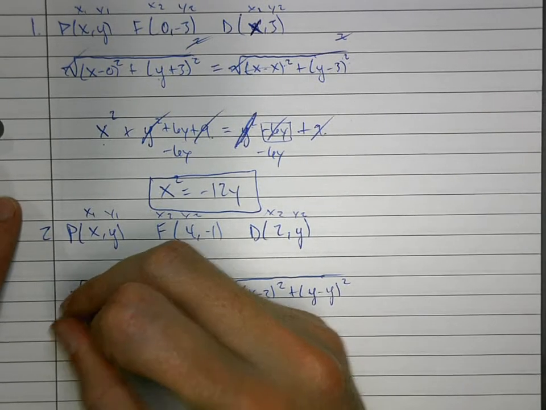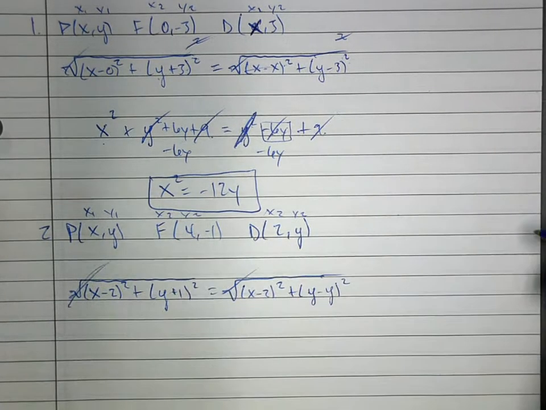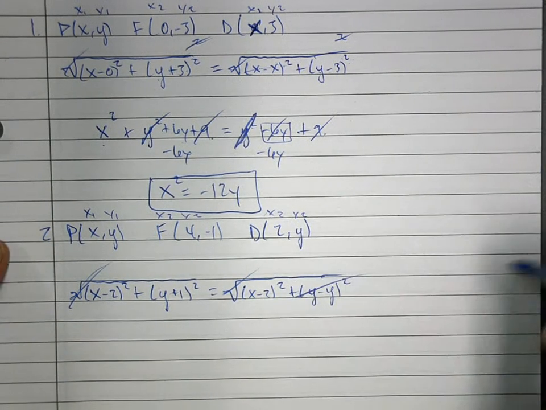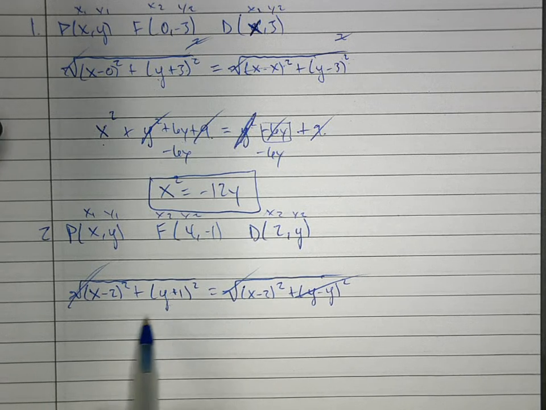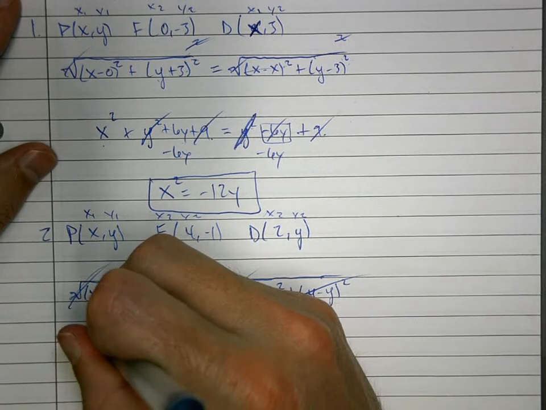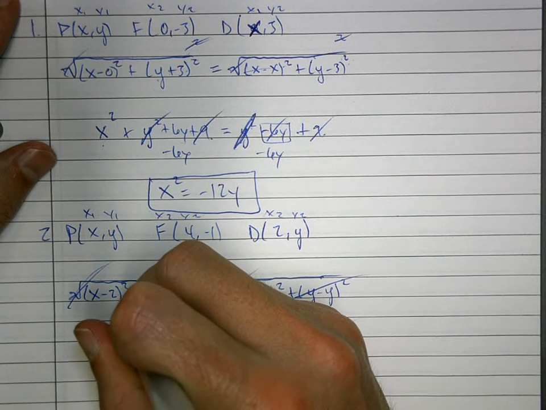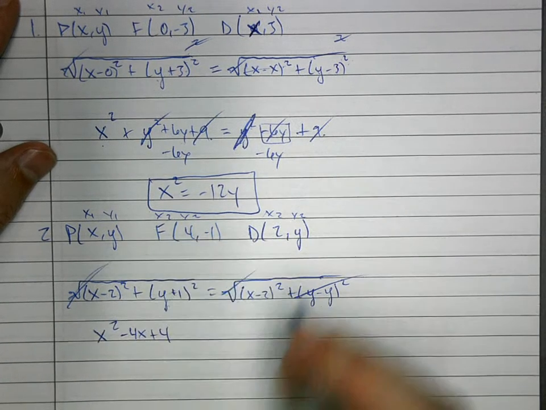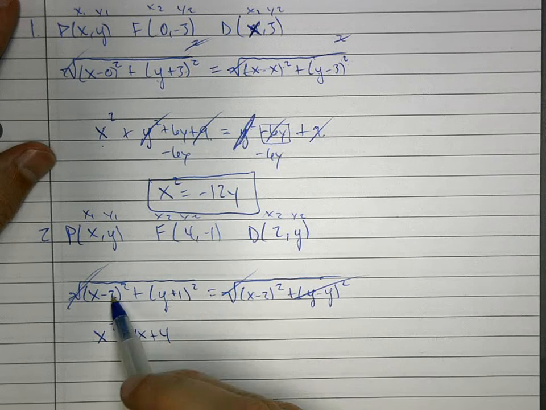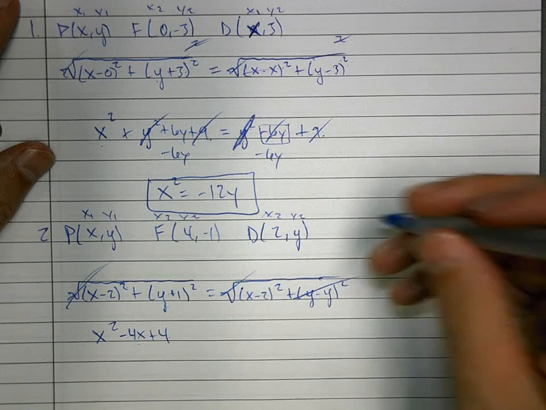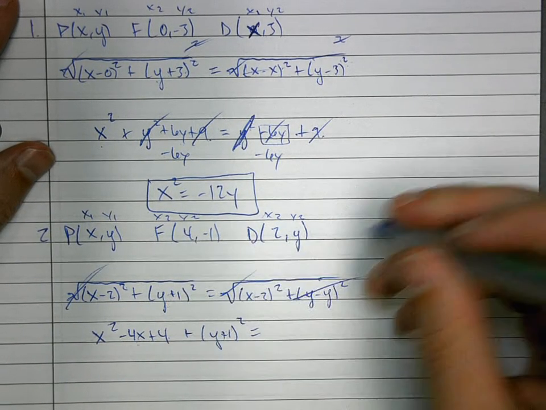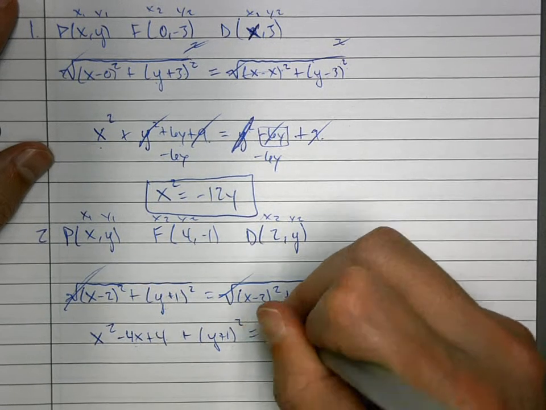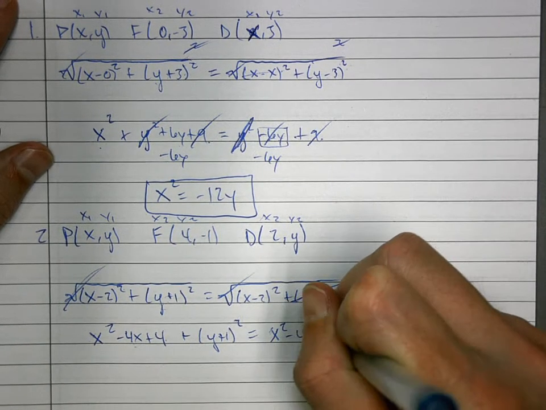So again, cancel the square roots on both sides. The y's are going to cancel, so that means we're going to leave this y by itself. We're not going to mess with it. So on the left side, we got x squared minus 4x plus 4, x squared, negative 2 squared is 4, 2 times negative 2 times x is negative 4x, plus (y plus 1) squared is equal to x squared minus 4x plus 4, just FOIL that out.